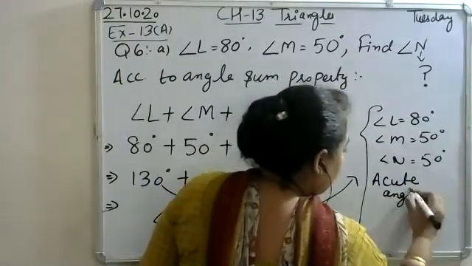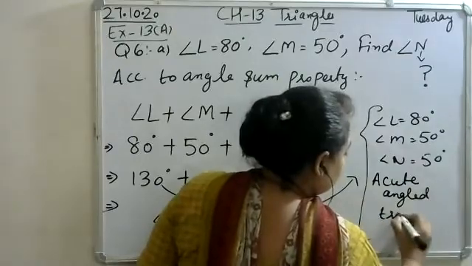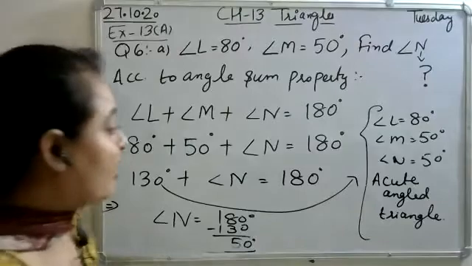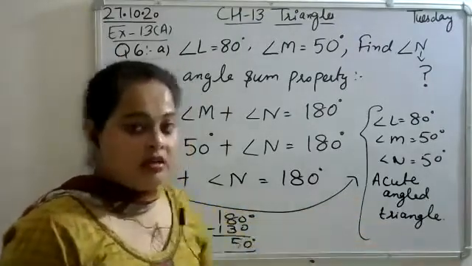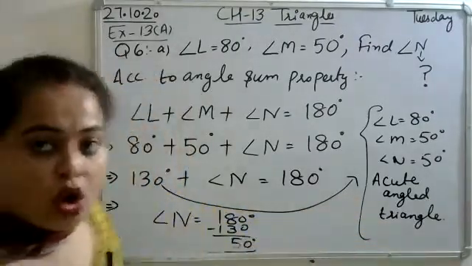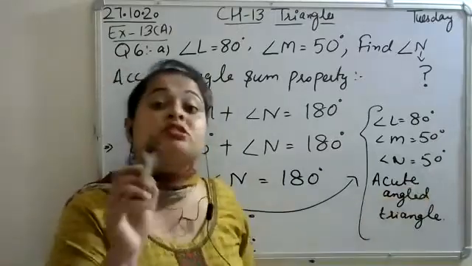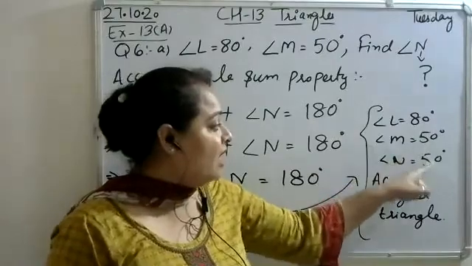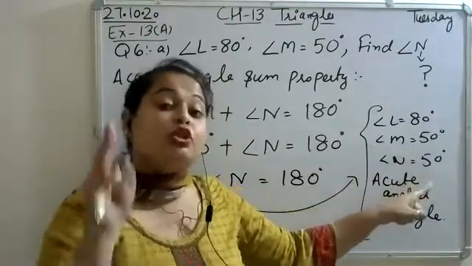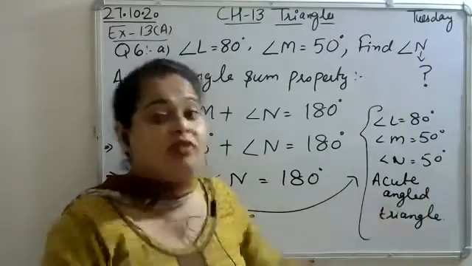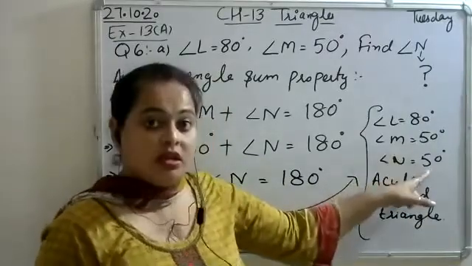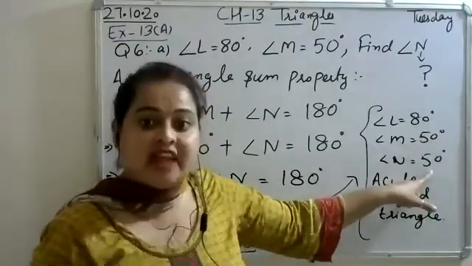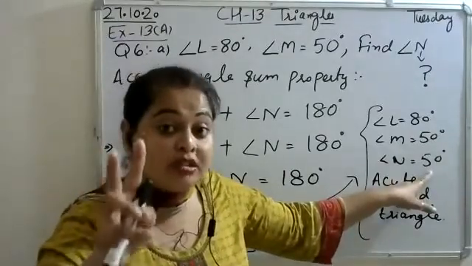Acute angled triangle. Yes. The name is acute angled triangle. And you can also write isosceles for this. As the two angles are equal, it means two sides are also equal. This is the property. If two angles are equal, it indicates that two sides are also equal.